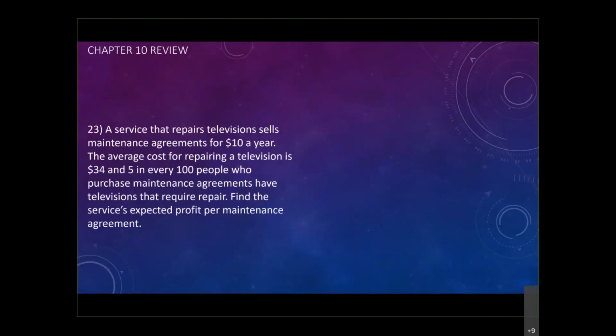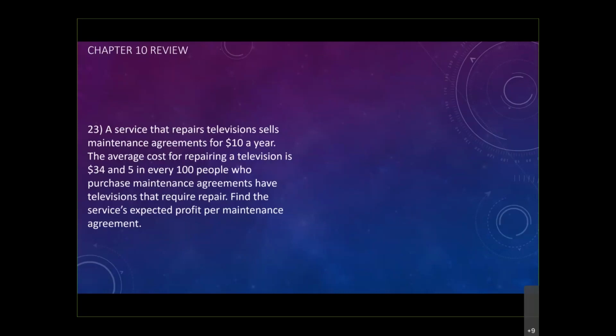A service that repairs televisions sells a maintenance agreement for $10 a year, just like Netflix, right? The average cost to repair a television is $34, and 5 in every 100 people who purchase the agreement have a television that requires repair.